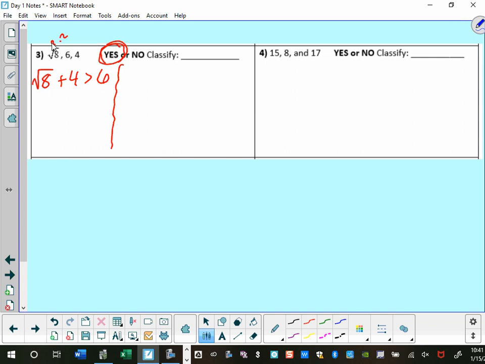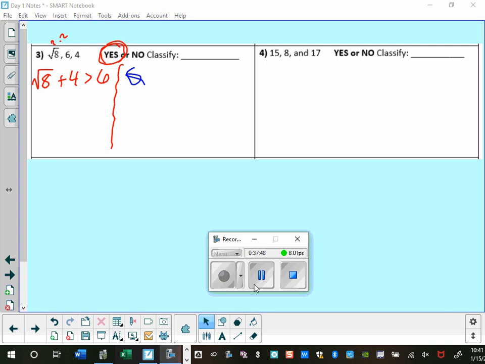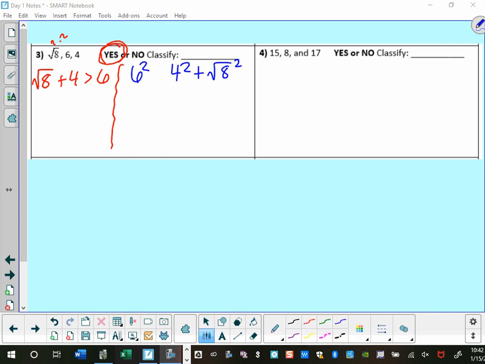My next step is we're basically going to flip it. We're going to put our hypotenuse first. 6 squared gives me 36.